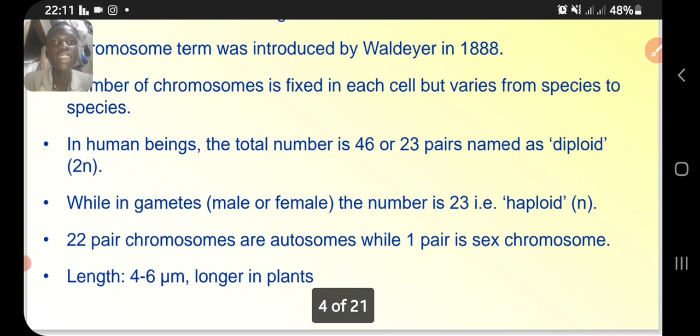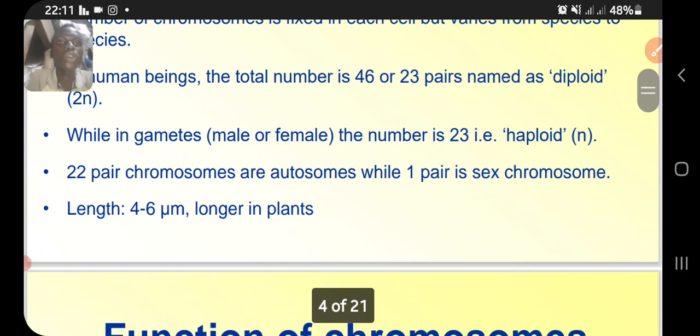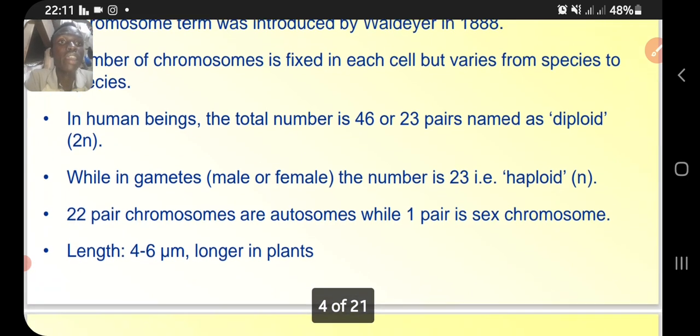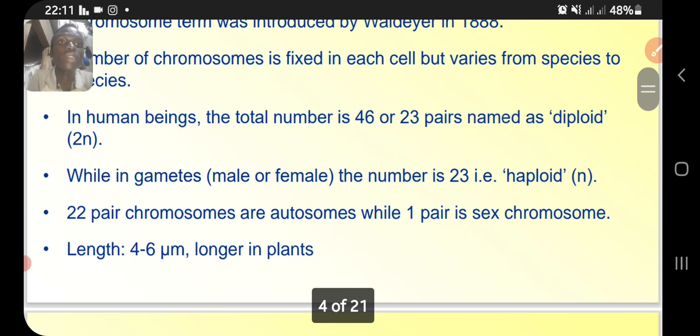So you divide the number of chromosomes in the mature, differentiated cells of the human being by 2, and you get the number of chromosomes found in the male or female gametes. So 22 pairs are autosomes, while one pair is a sex chromosome.